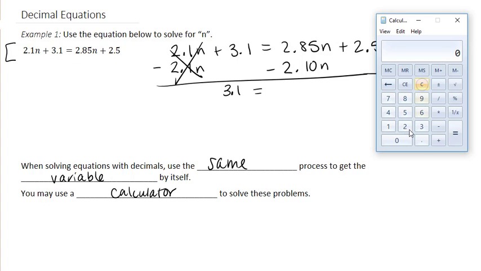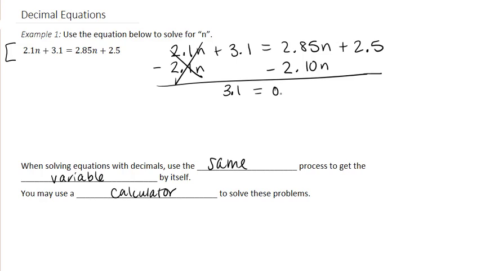so we have 2.85 minus 2.1, which is equal to 0.75, and then we have plus 2.5. Then we're going to subtract the 2.5 to both sides. This just becomes 0.